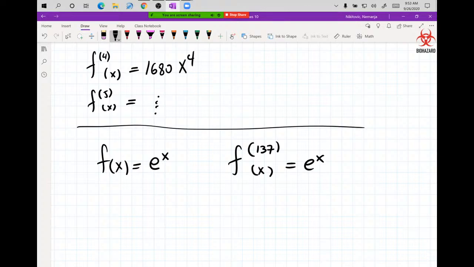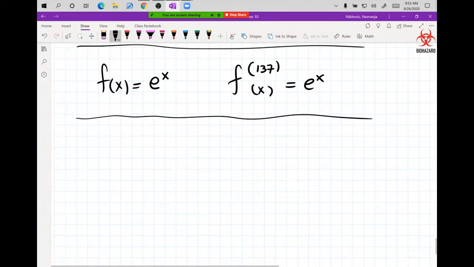So polynomials are the ones whose derivatives will go to 0. Everything else will accumulate, or e to the x will stay the same. And we'll see next Saturday that trigonometric functions, sine, cosine, and so on, because they're periodic, they will go in cycles, and we'll see exactly why.